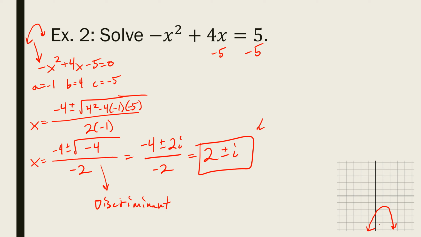It is a quadratic that does not cross the x-axis, and instead of real roots or real x-intercepts, I have 2 complex roots or 2 complex x-intercepts. So remember, we had a negative discriminant. It gave me 2 complex roots.